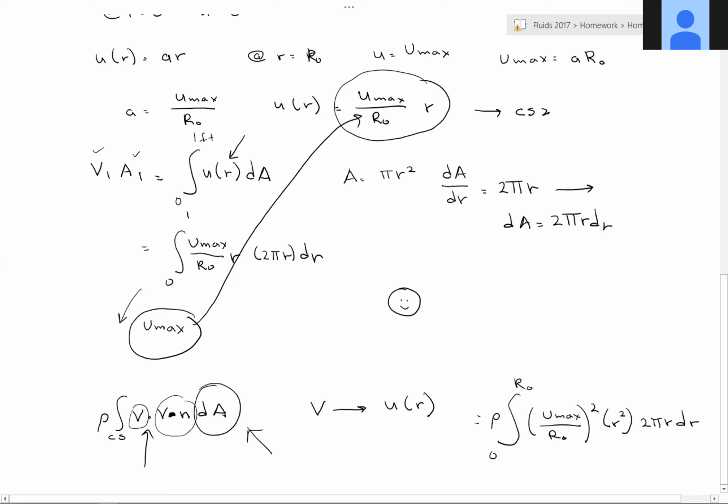Once you get this, it's just a matter of taking all the constants out and doing what I hope is a pretty simple integration.